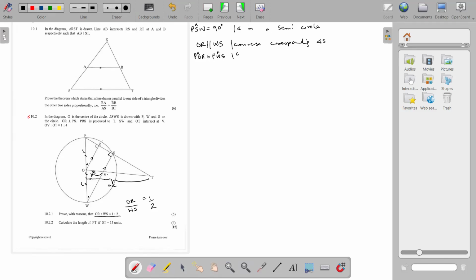Those are corresponding angles because we have proven that we have parallel lines.